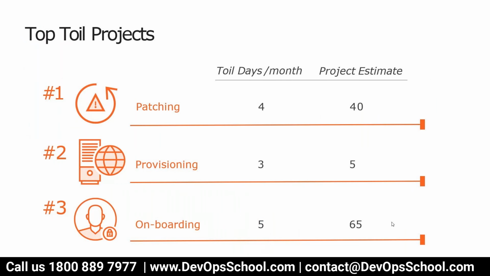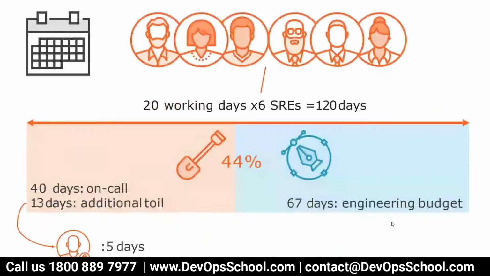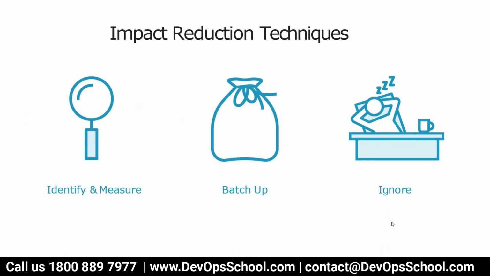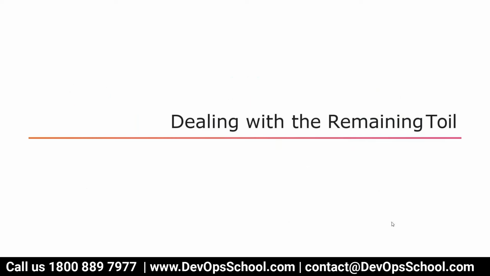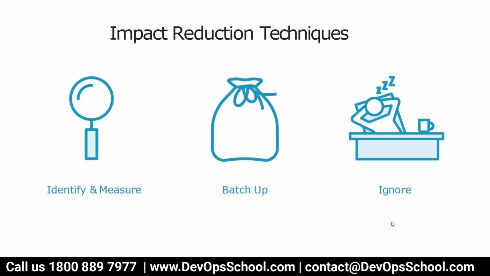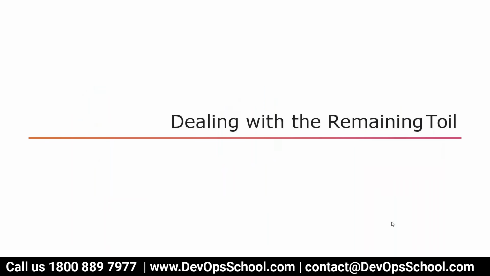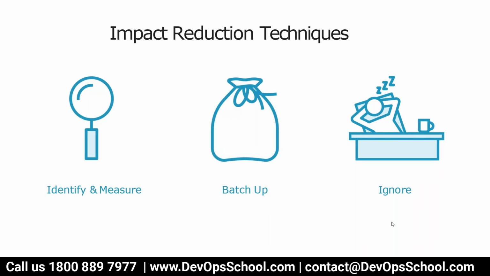Okay, so what do we do if you follow all these practices and still have some toils remaining? Again, you have to continue identifying, measuring, batching up, and ignoring. Sometimes you can ignore also, that's not a problem.